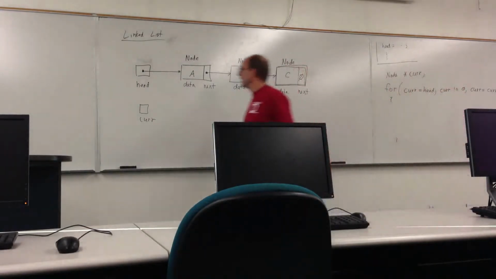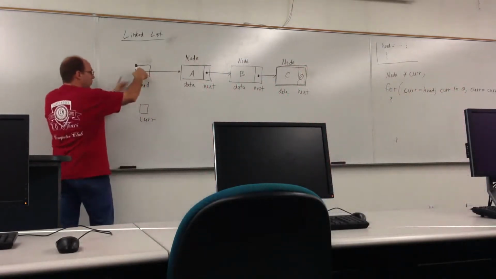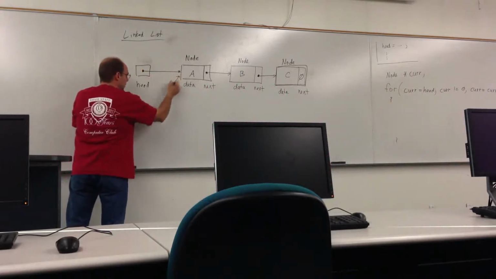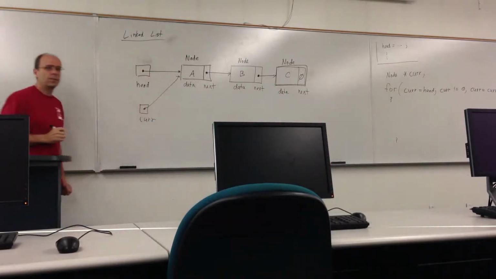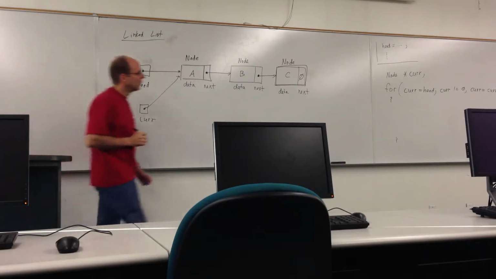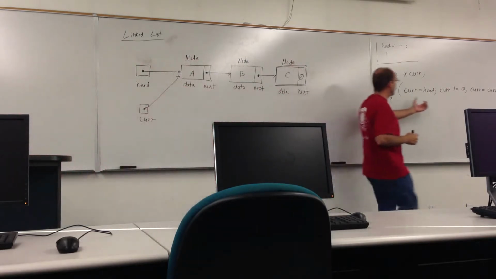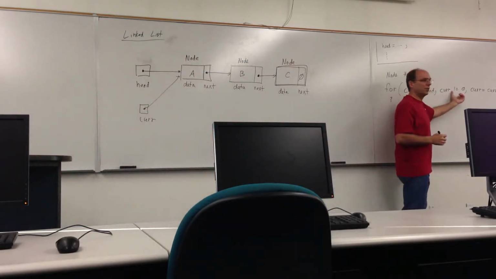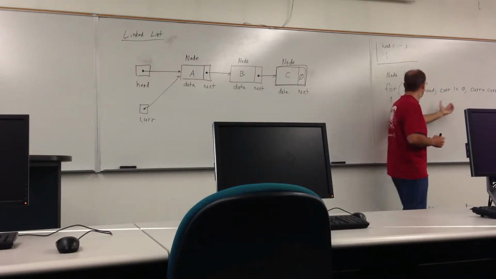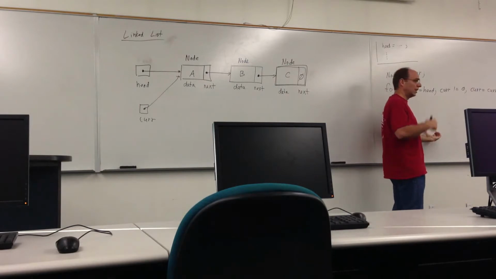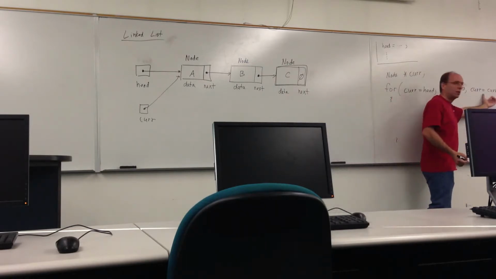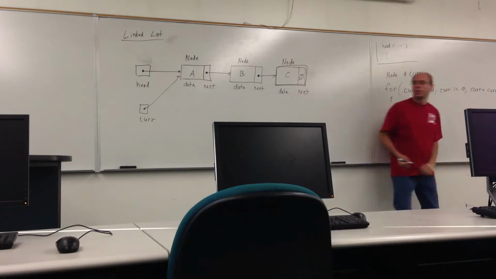So we initialize it by copying this pointer down to here, which means cur points there, right? Then we ask if cur is not equal to 0. It's not equal to 0, right? So we execute the body of the loop, and then what do we do here?